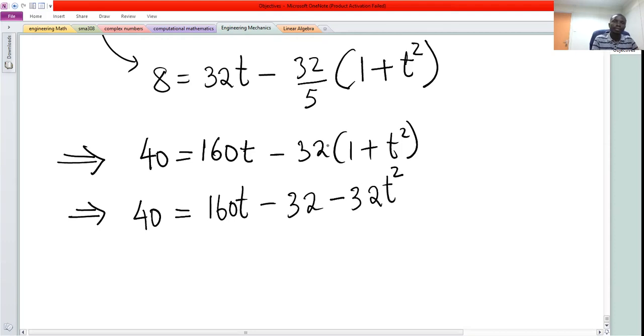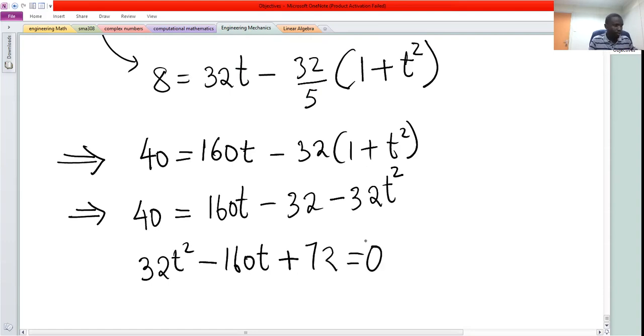So take every term to the left. So we'll have 32T squared minus 160T plus this one will give us 72 equal to 0.